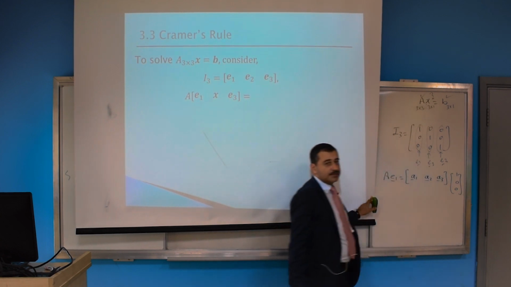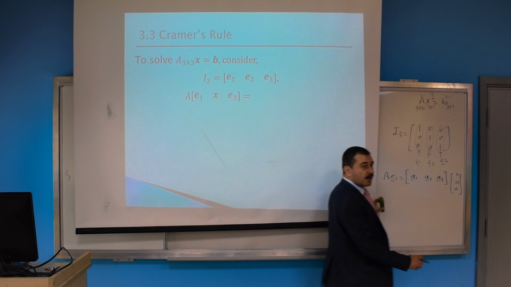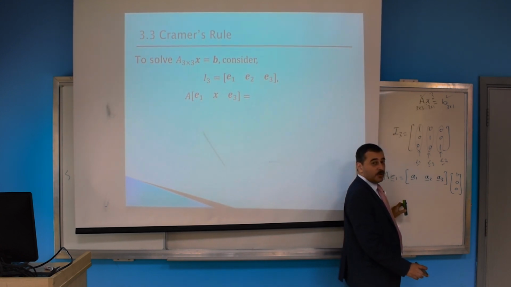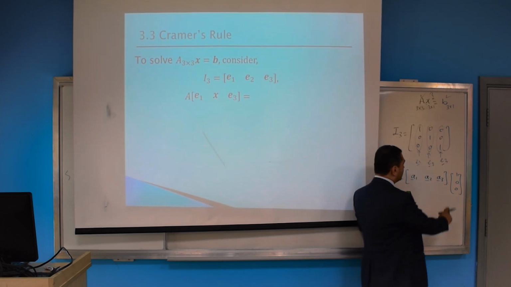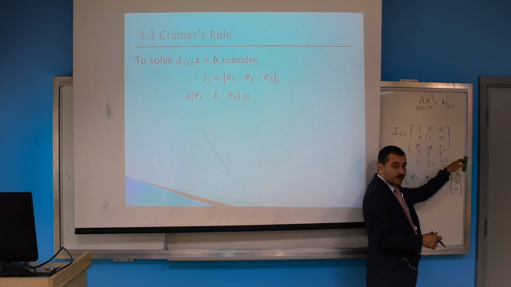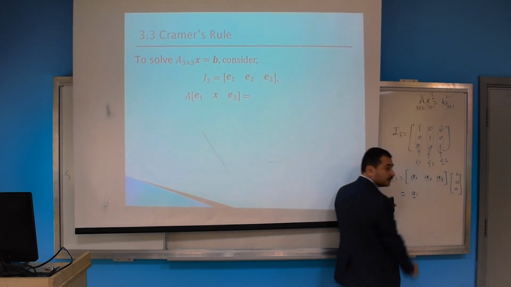So what do we get? A1, right? Actually using linear combination, we do a linear combination between these columns using these weights, so we'll get directly A1.